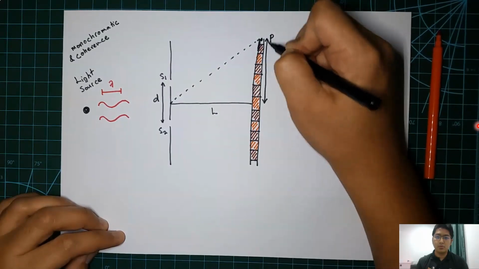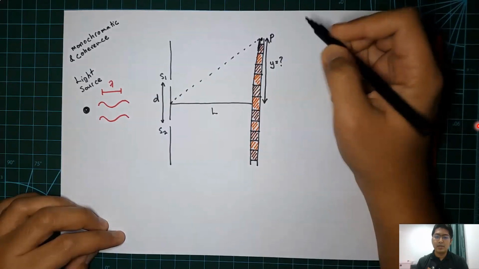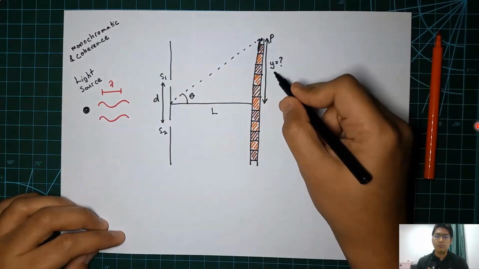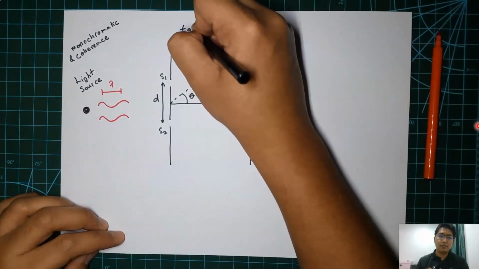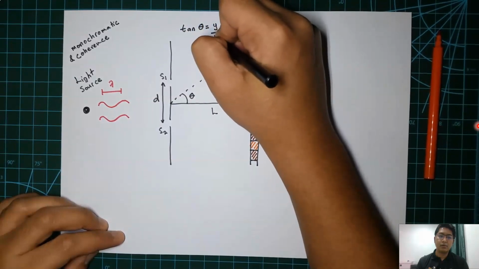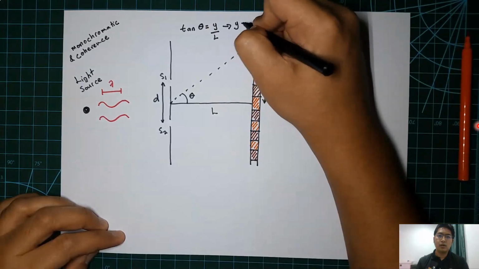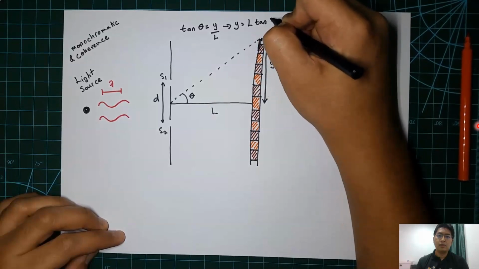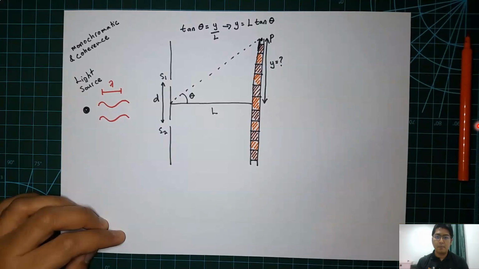We need to apply trigonometry here. y is the distance or position of the point from the midpoint. That's the theta of the triangle. From trigonometry, tan theta equals y over L. It becomes y equals L tan theta.